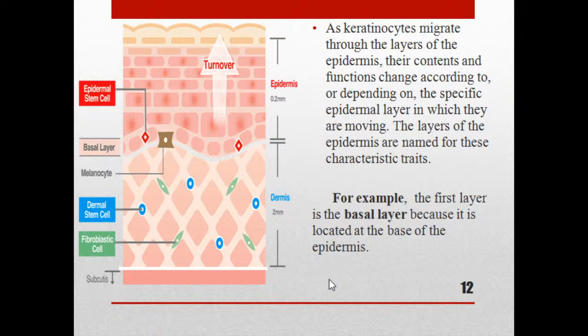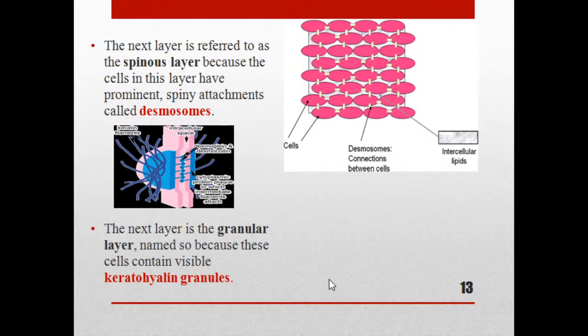For example, the first layer is the basal layer because it's located at the base of the epidermis. The next layer is referred to as the spinosum layer because the cells in this layer have prominent spiny connections called desmosomes. The next layer is the granular layer, named so because these cells contain visible keratohyalin granules.